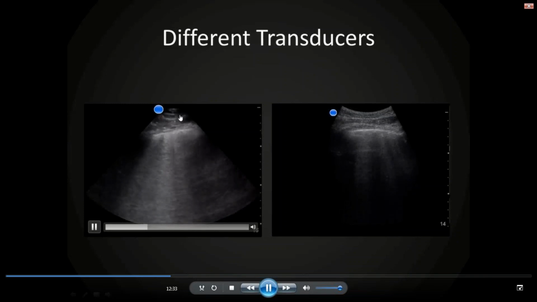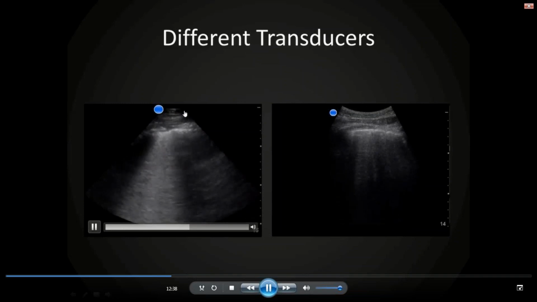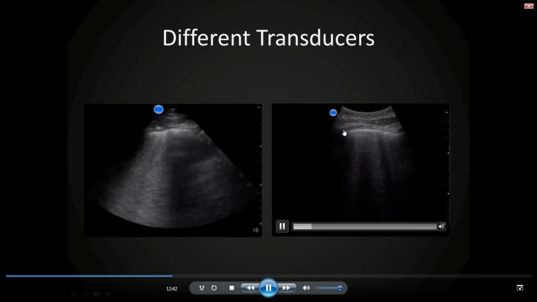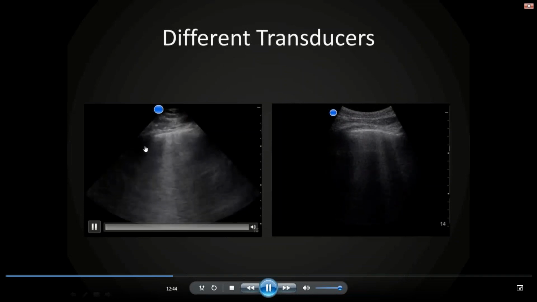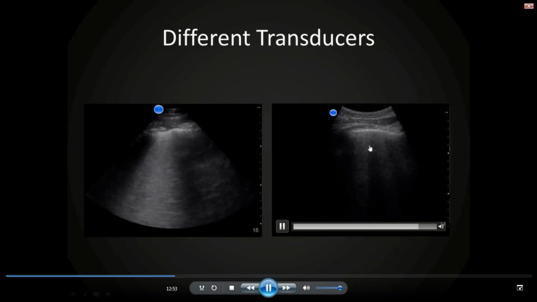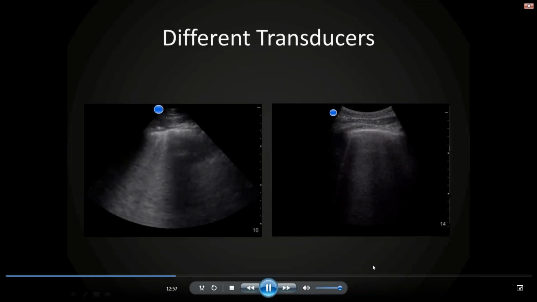It's a microconvex transducer. It gives us the best of both worlds potentially, although phased array, which gets in between ribs well, and a curved abdominal by giving us a broader image and a little higher resolution image. In both cases, we're seeing multiple B lines, and another term that may be used here by some providers is a B profile, meaning multiple abnormal B lines.